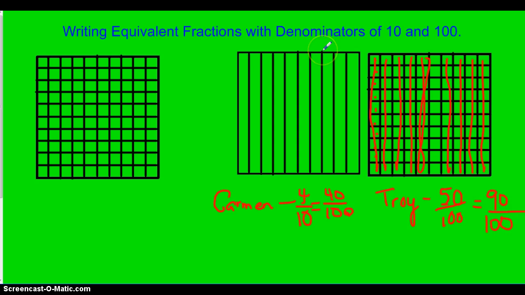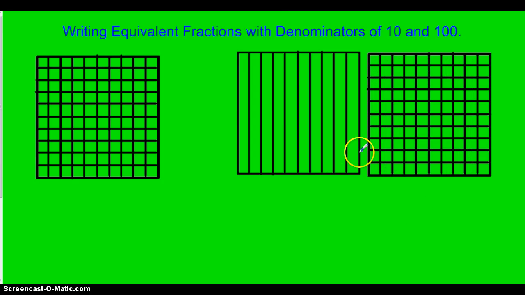All right, so let's try another one then. A farmer planted 68 hundredths of corn in his field. So in his field, 68 hundredths was corn.